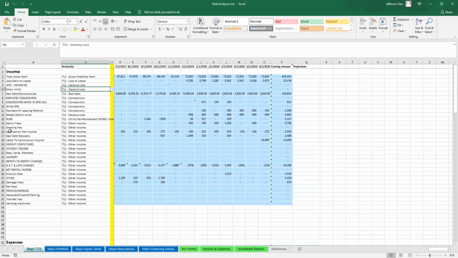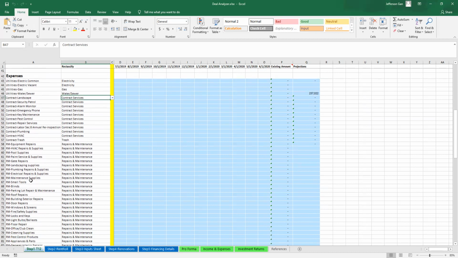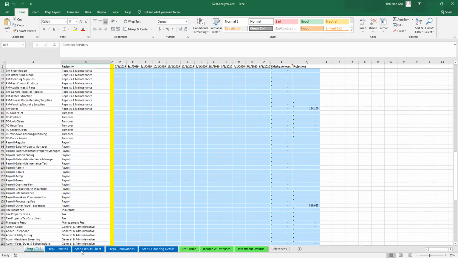So I'm just reclassifying all the different inputs from the T12 to what they would be in this deal analyzer. Same with the expenses. You have different terminologies for contract, but it will all end up under contract services. Then same with repairs, maintenance, and the other stuff.